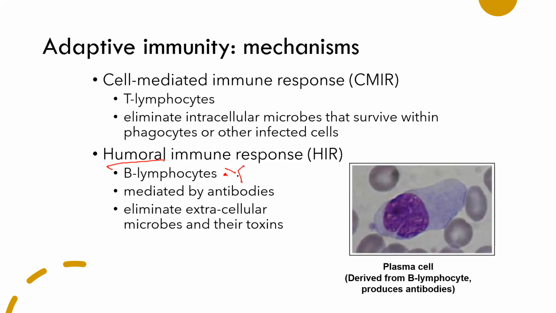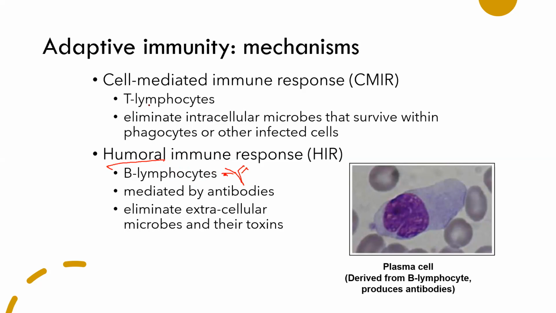Humoral is the fluid or the vascular system. B cells are secreting antibodies, and those antibodies are freely available in soluble form in the vascular system. We call this B lymphocyte mediated adaptive immune system the humoral immune system.